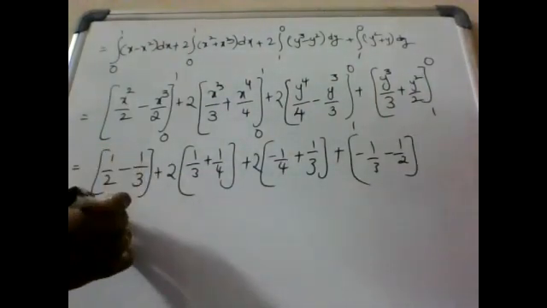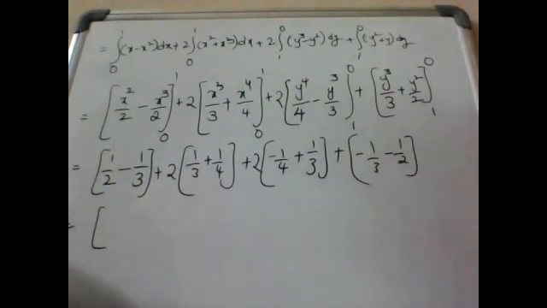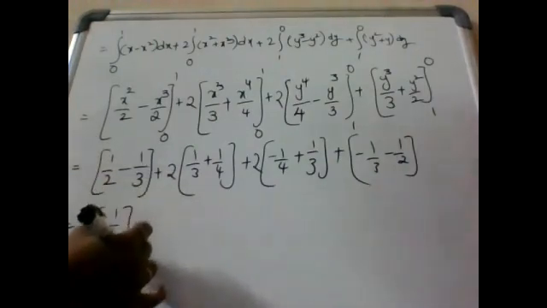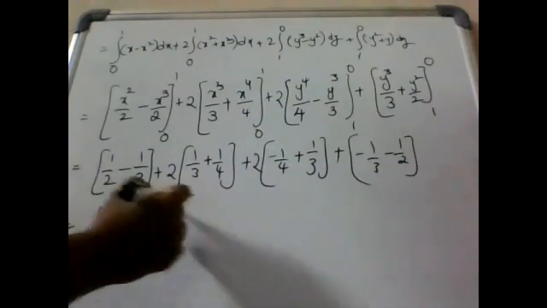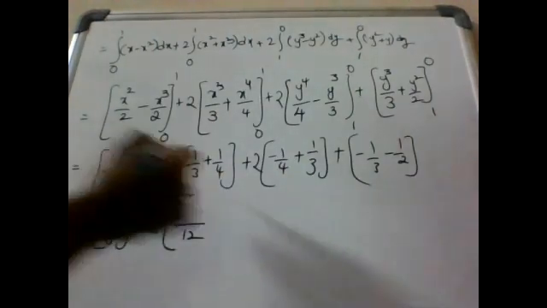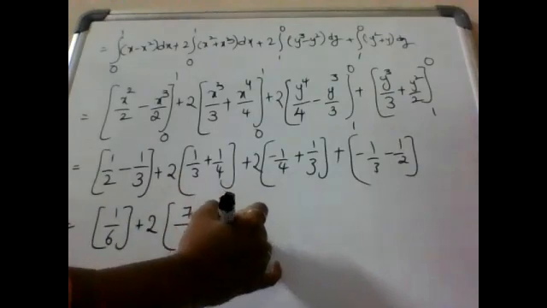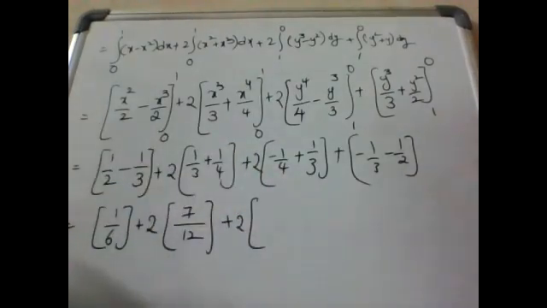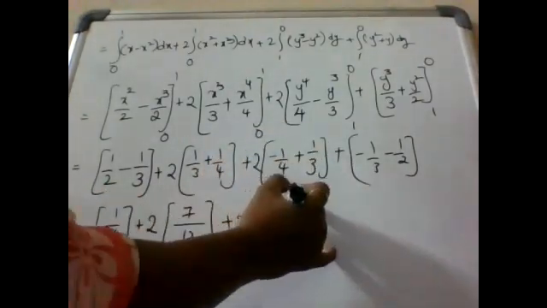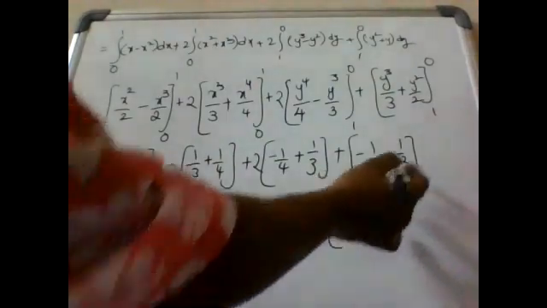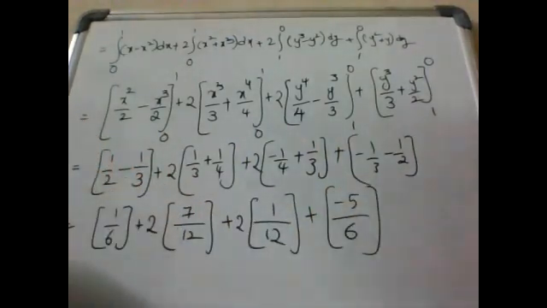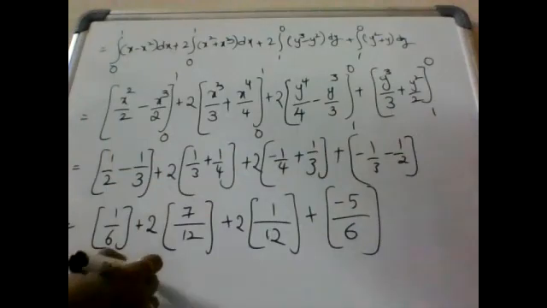So here 1 by 2 minus 2 by 3, what is the value? 3 minus 2, 1 by 6, plus 2 into 7 by 12, plus 2 into here also 12, here minus 3 plus 4, 1, plus here 6 minus 3 minus 2, minus 5. So after calculation of this, we get 2 by 3.